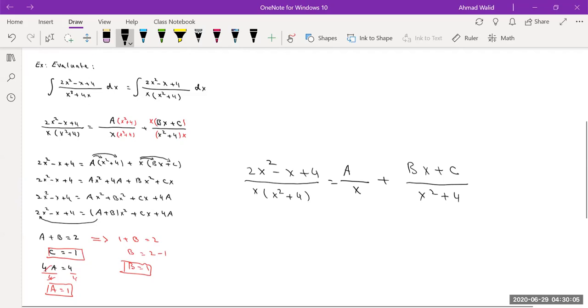Now you have the values of a, b, c. Just plug in here. Those will be your partial fractions.